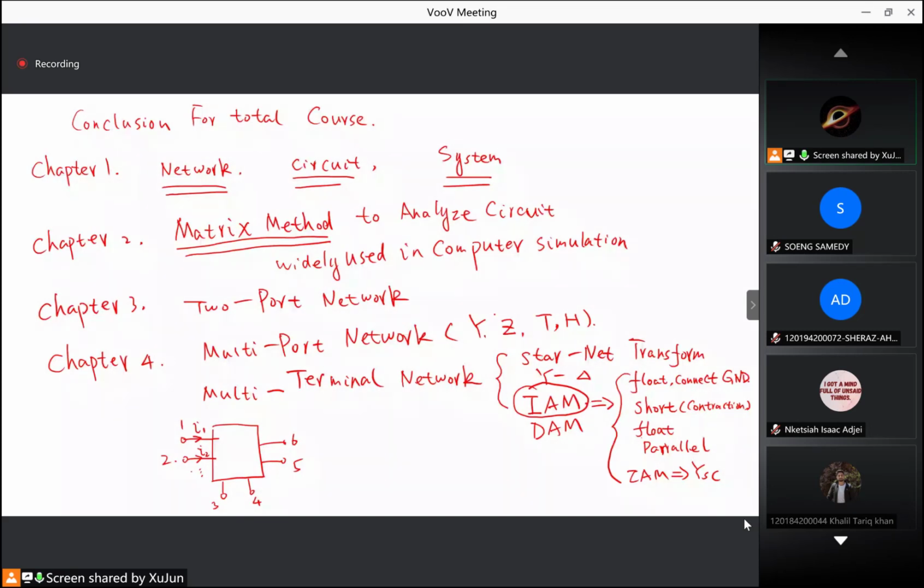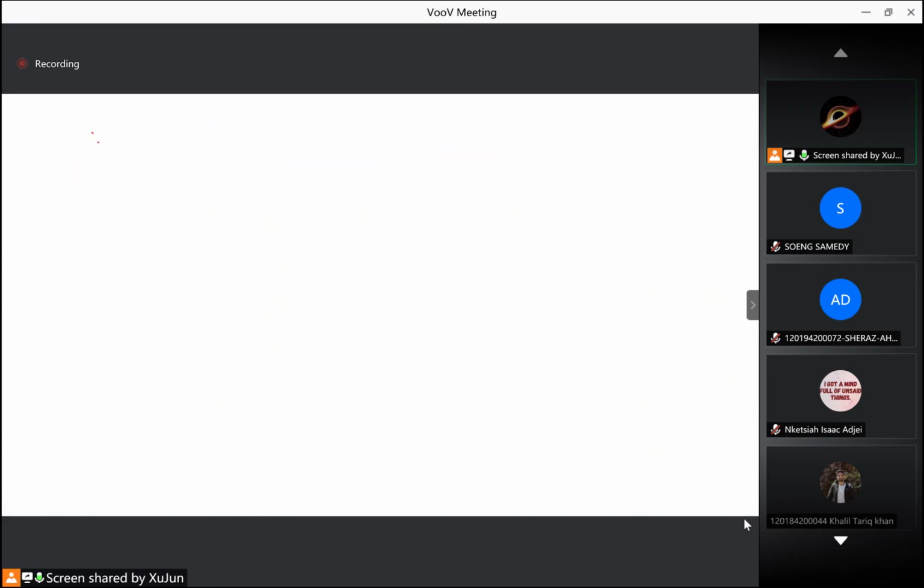When we discuss the multi-port network, we have also introduced the active multi-port network, and we introduced the generalization of Thevenin's law and Norton's law. Thevenin's law and Norton's law are only suitable for the one-port network. We generalize them to the multi-port network. This is chapter 4.